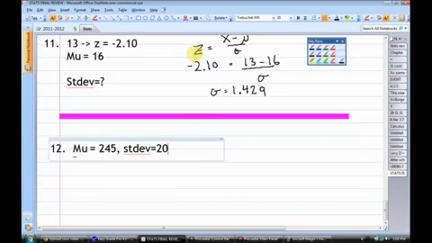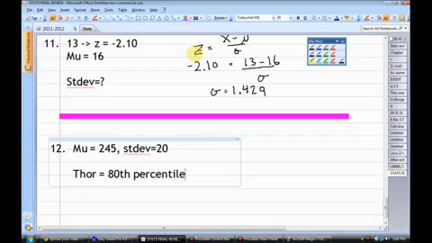Okay, so Thor is the 80th percentile. So we want to know how much he weighs.